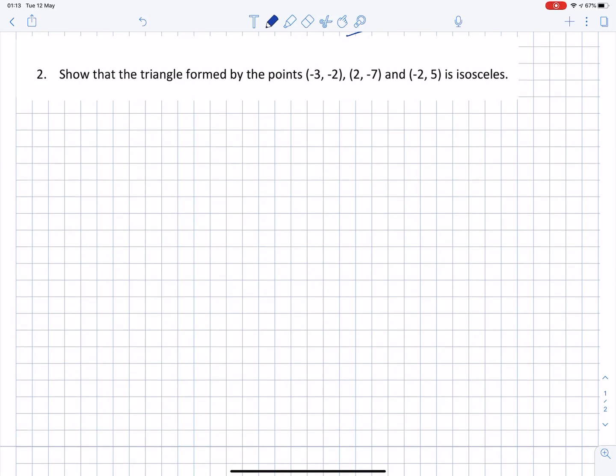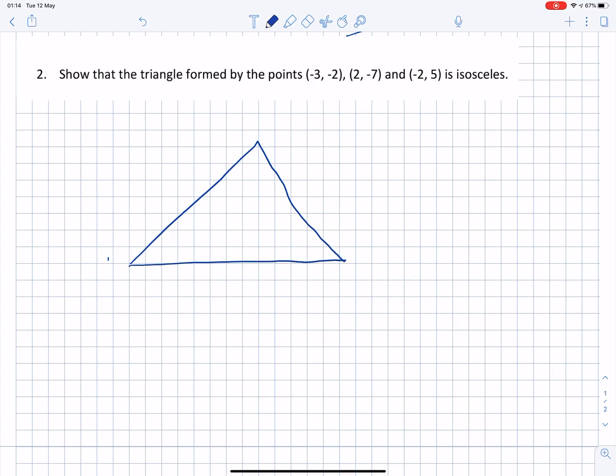Okay, question 2. Show that the triangle formed by the points (-3, 2), (-3, -2), (2, -7), (-2, 5) is isosceles. So just to remind you, isosceles is a triangle that has 2 equal sides. So we need to show that it is an isosceles triangle. All right, let's just draw a triangle.